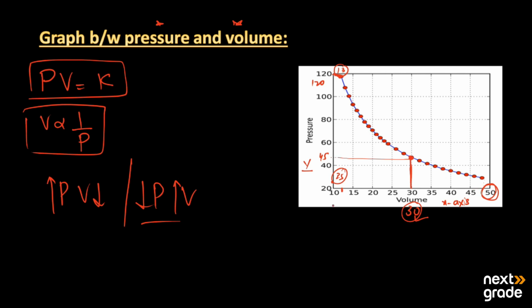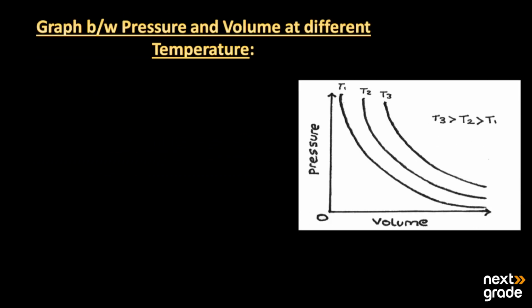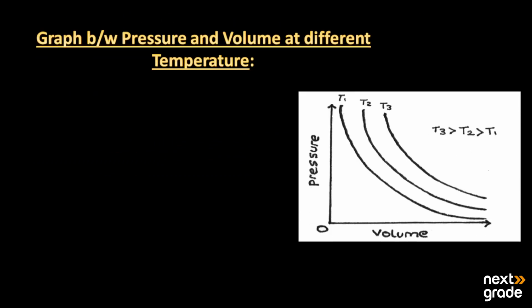So this is the simple relationship between pressure and volume according to Boyle's law, and this is its graphical representation. Next, we plot a graph between pressure and volume at different temperatures. First, when we keep the temperature at 0 degrees Celsius, we can see the isotherm at temperature T1, showing the pressure and volume relationship while changing the pressure.